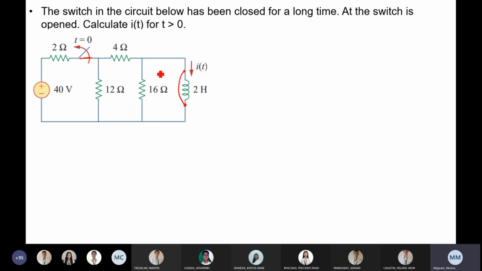Kasi nakaparallel siya kay 16 ohm. So, yung current natin na dadaan kay 4 ohms, hindi na siya dadaan kay 16 ohm. Kasi mas walang harang dito eh. Diba? Wire na lang to. Shorted to eh. So, dito na siya didiretso. Hindi na siya dadaan kay 16 ohm. So, 16 ohm, parang shorted na rin siya. Okay? Nagets po ba yun?